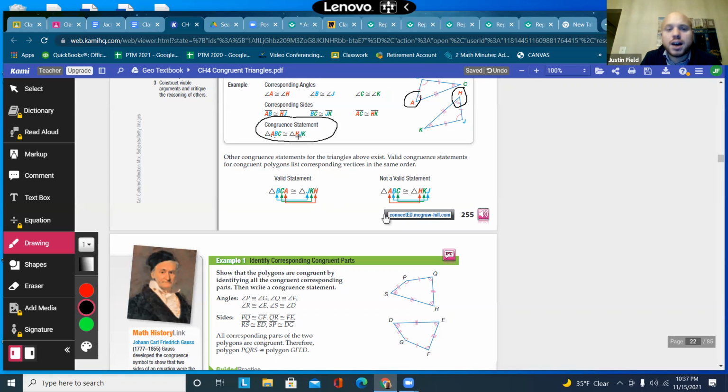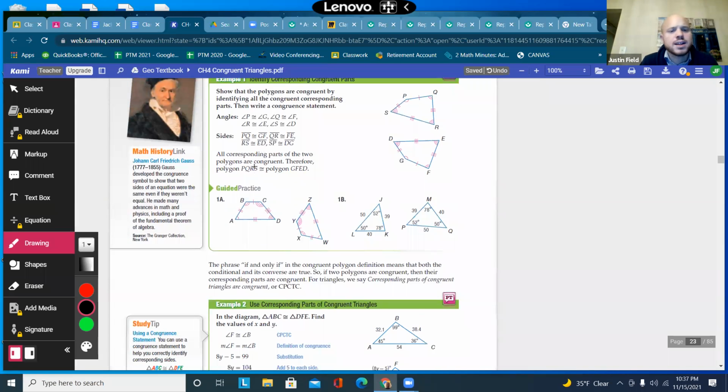B and J are corresponding parts. And C and K are corresponding parts. Not only that, but side AB corresponds to side HJ, and side BC corresponds to side JK, and side AC, first and third, corresponds to side HK, first and third. So just let that sink in.